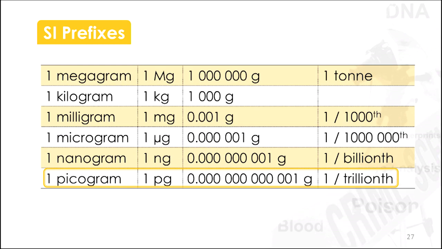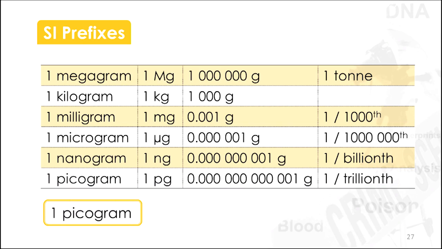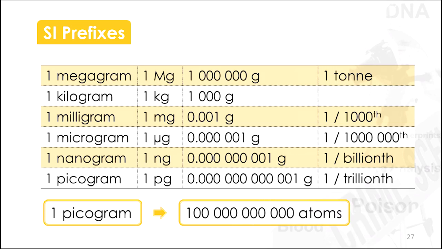So a picogram seems to be an extremely small amount of material. But even a picogram is a lot of matter when you compare it to the size of an atom. So 1 picogram of material would contain, say, about 100 billion atoms. So it's a small amount, but it's still a lot bigger than an atom.